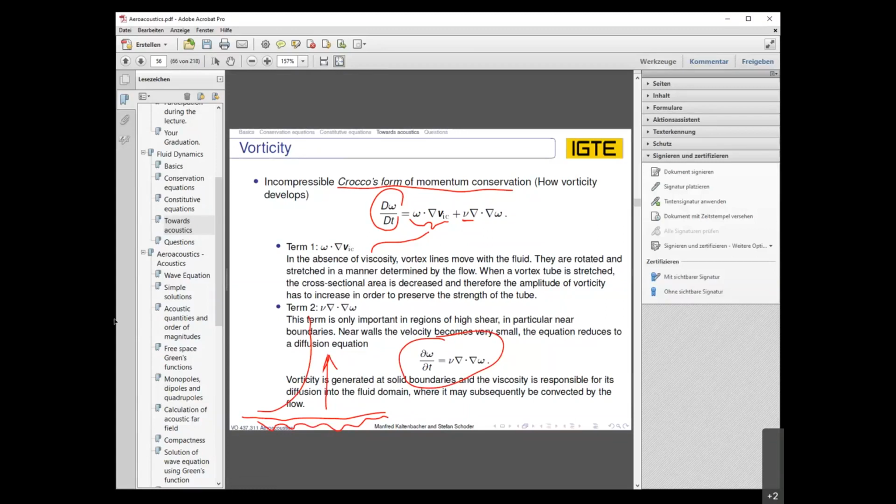That is the idea of the second term in this momentum conservation equation.